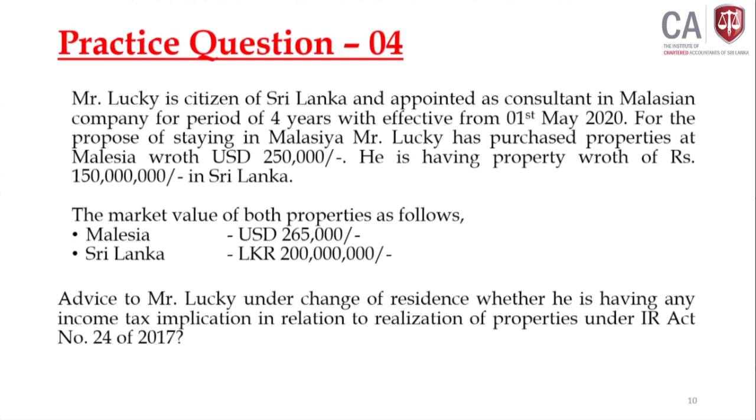At that point, what is the tax implication? For this purpose, we need to compute the gain, which is the market value of the asset at the time of realization minus the cost. Now, what is the exclusion? Domestic asset should be excluded. Does Mr. Lucky have a domestic asset? Yes. What is the worth of the domestic asset? Cost is 150 million, market value is 200 million.